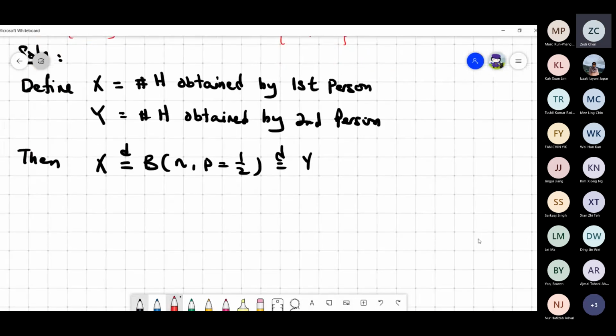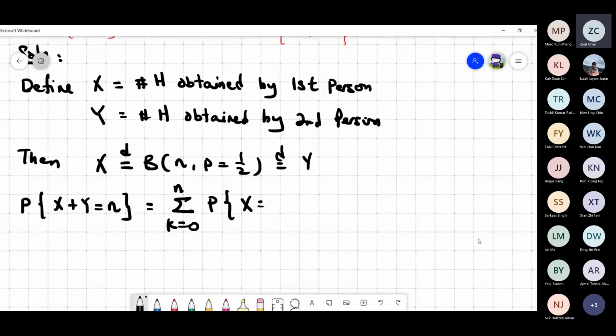So that's why we just look at the probability of X plus Y equals n. I think this is straightforward. So this is equal to the summation over k equals 0 to n of P(X is k and Y is n minus k). I don't think I need to explain, right?